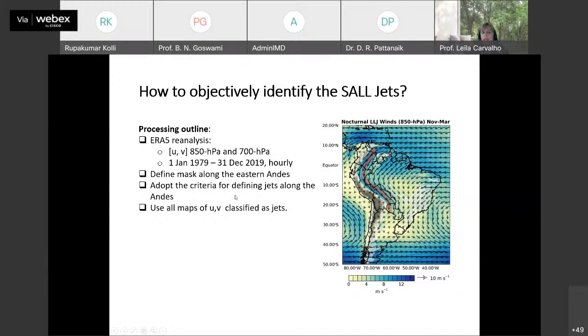And then we identified for every grid point when the criteria for a jet was occurring. So we used the same criteria as before, but now for all these grid points along the Andes, just to find out what kind of regimes we find. And then we got about 1,700 maps that pass this criteria.